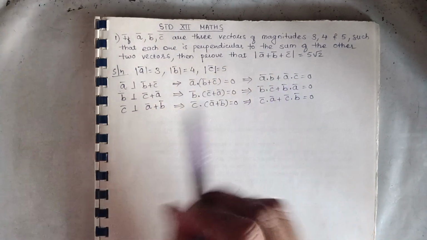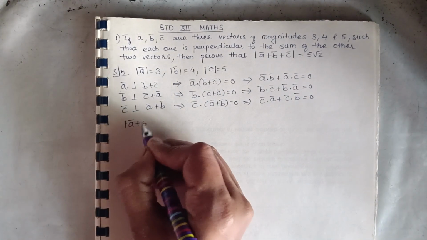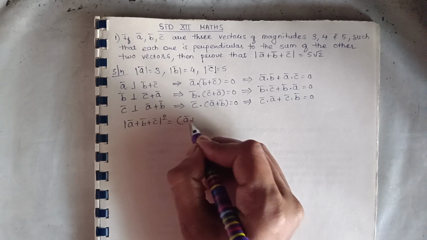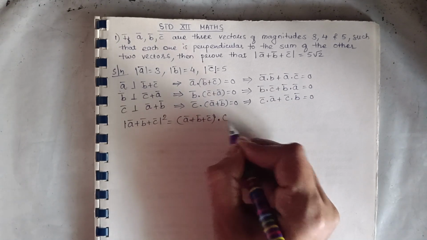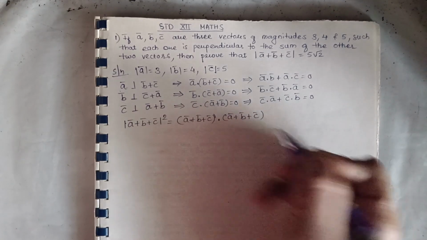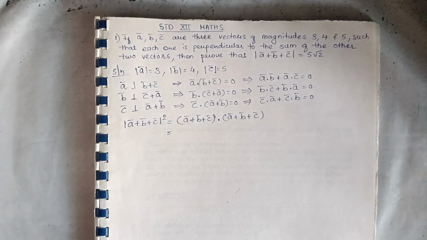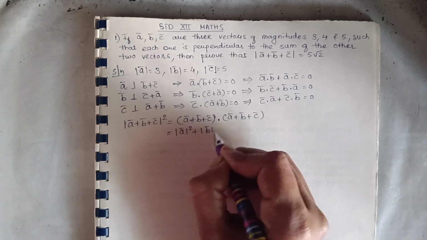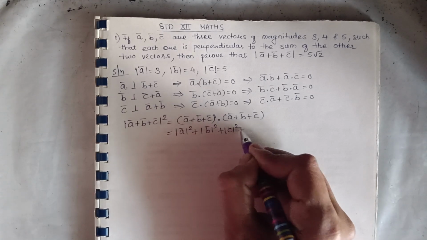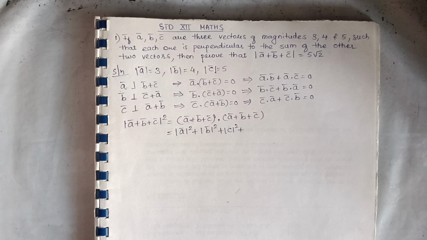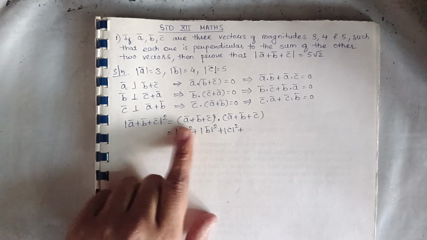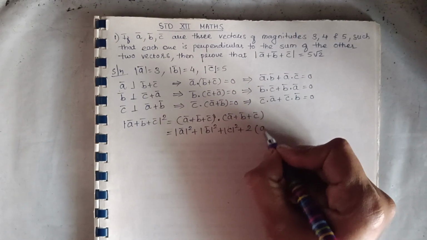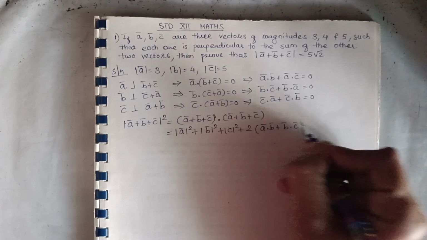So whenever you are given a magnitude, you have to take the square, so that you can write this as the dot product of A plus B plus C with itself. So taking the dot product, we will get magnitude of A square, magnitude of B square, magnitude of C square, and then 2 times A dot B plus B dot C plus C dot A.